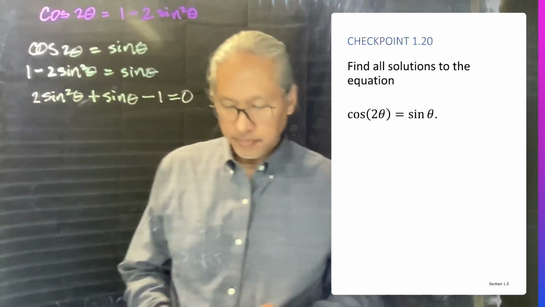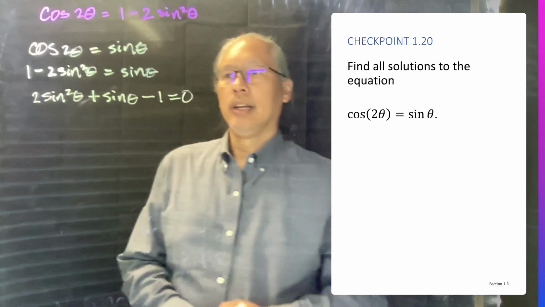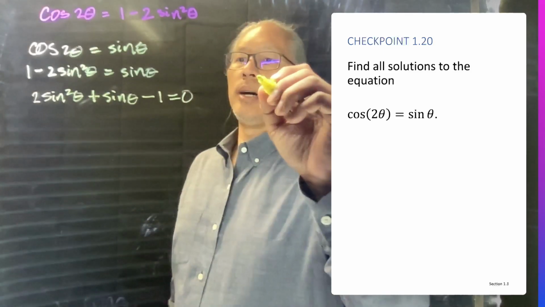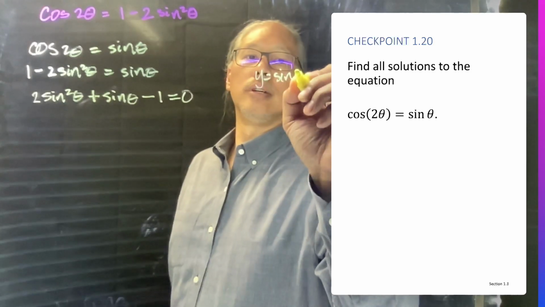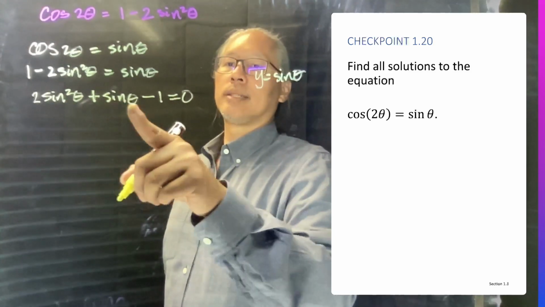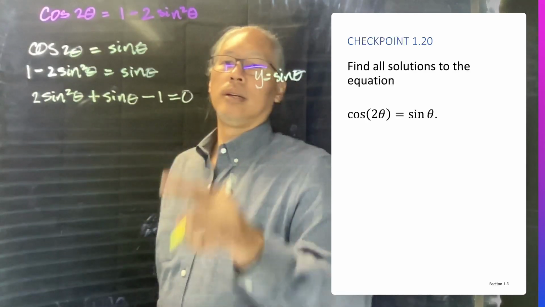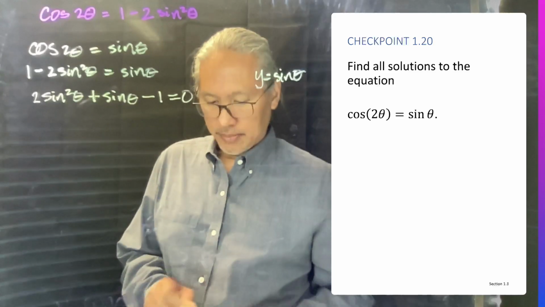Okay. So now we have this expression, and if we let x or y, let's let y equal sine theta, for example, this is going to be 2y squared plus y minus 1.